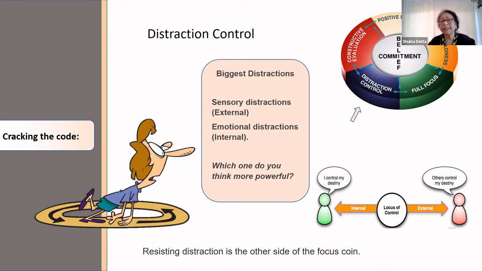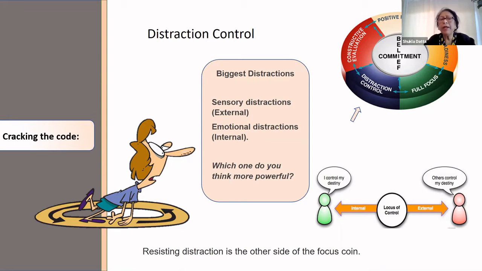All this kind of distraction is called sensory distraction, that is external. And the other one is called emotional distraction, that is internal. That's our own making. And what kind of distractions are they? That I told, remembering the phone call, thinking about the upcoming meeting, all these kinds of things.